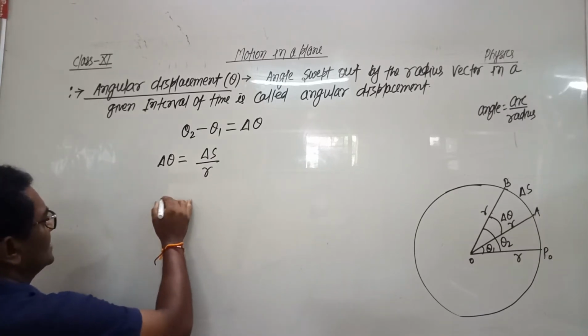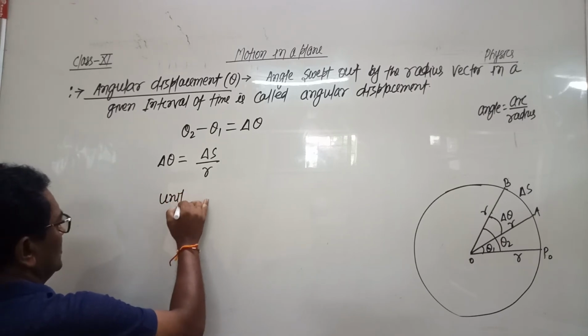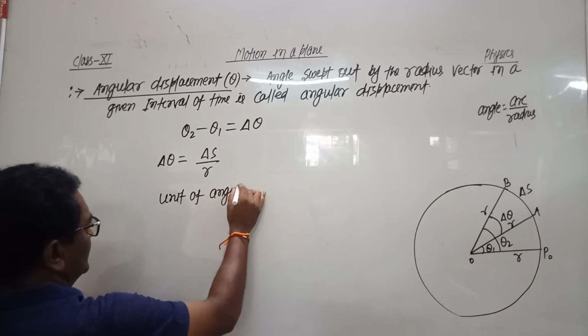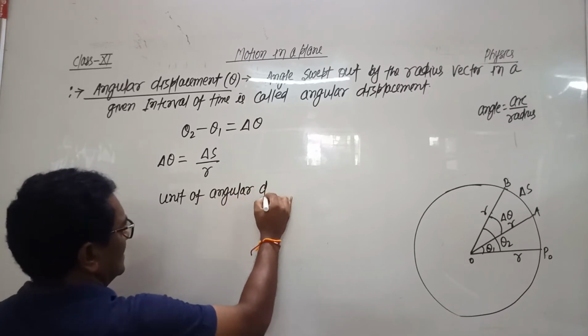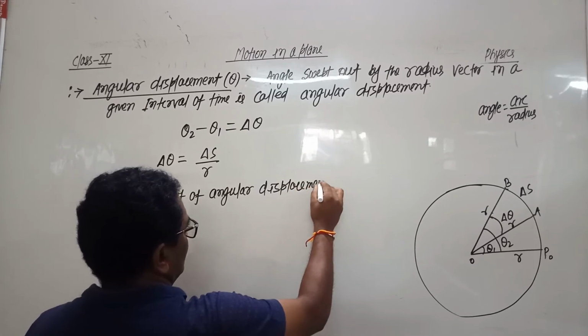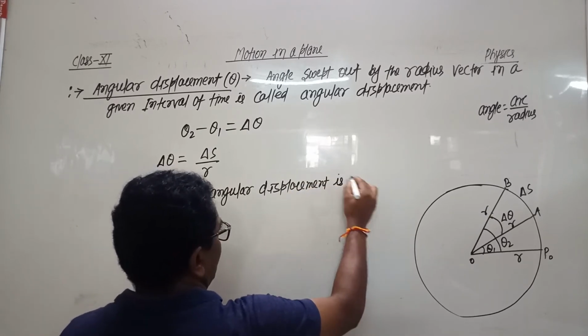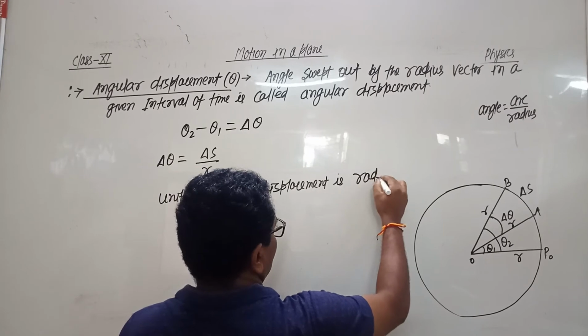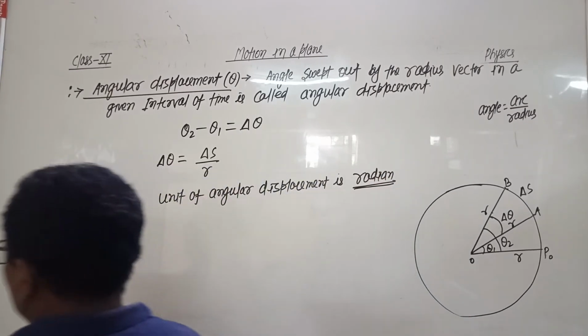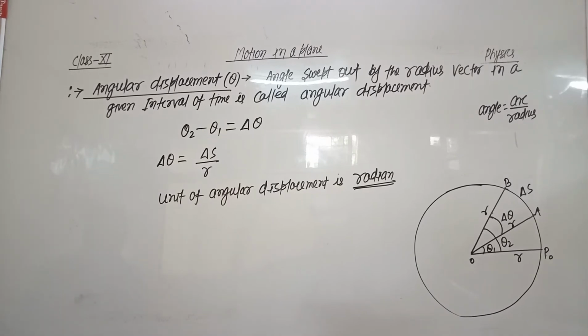The unit of angular displacement is radian.